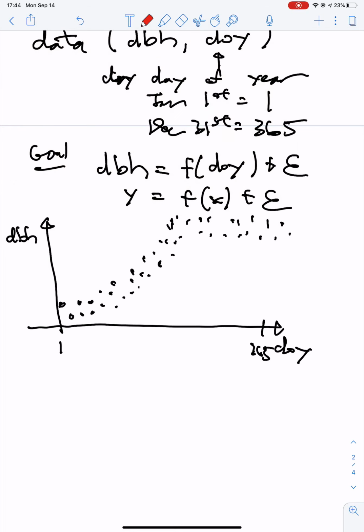So over here, a straight line is clearly not going to model this relationship very well. Rather, we're going to use an S-curve. So folks, forget about straight lines. We're using S-curves.